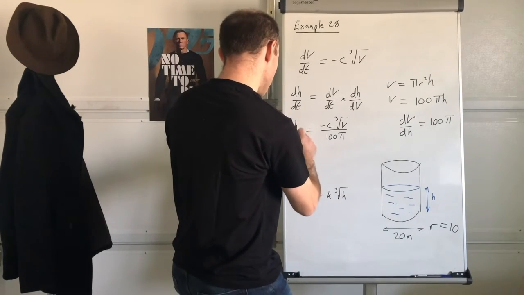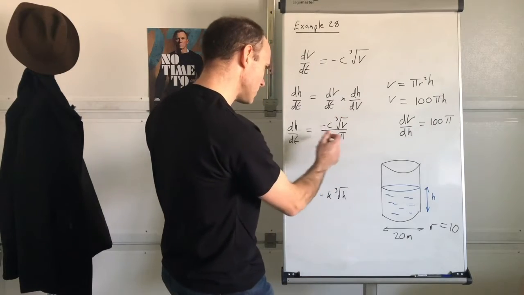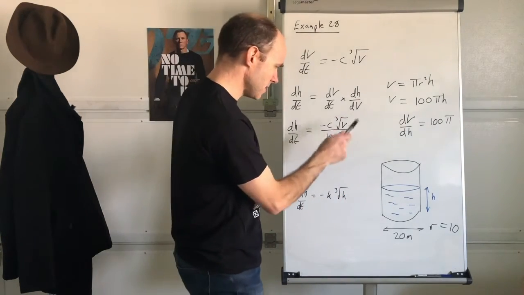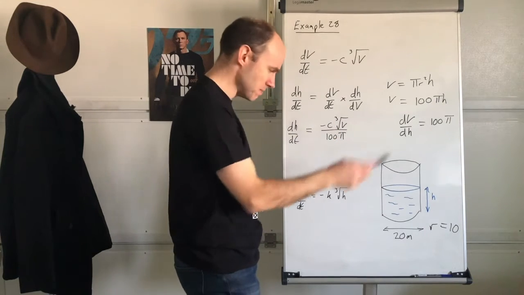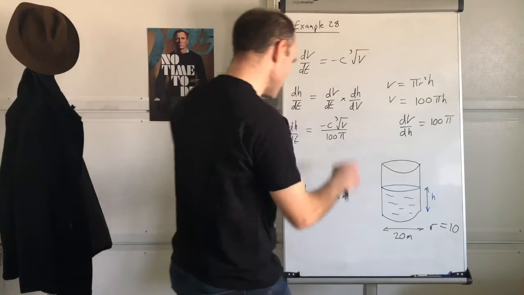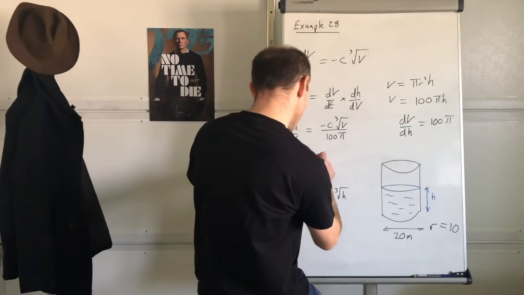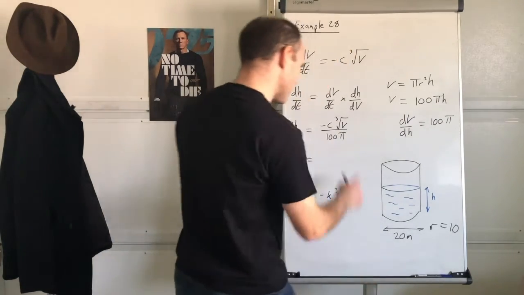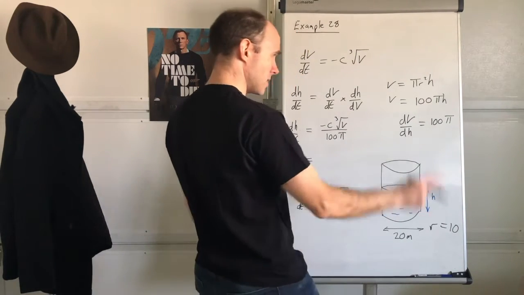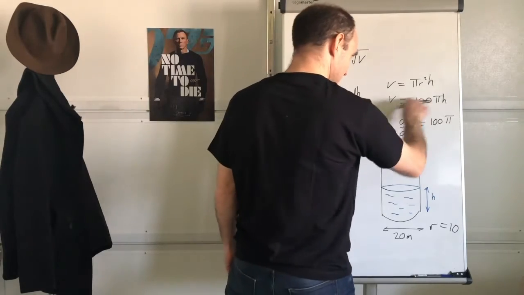All right. So we've got dH/dt is equal to. And is it looking something like this yet? Well, nearly. Okay. Because the c, the 100, the pi, all of that can be combined in terms of k. So we're not worried about the numbers. All right. But the V, we need to just sort that out, don't we? So cube root of V, so what we're looking for is the cube root of that, aren't we?